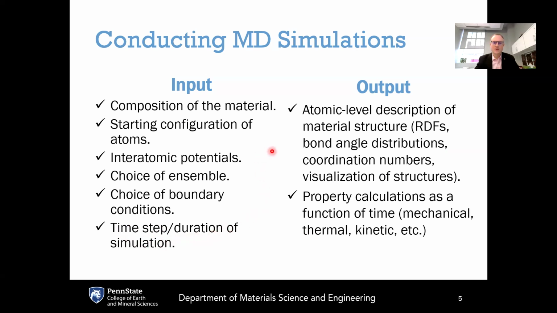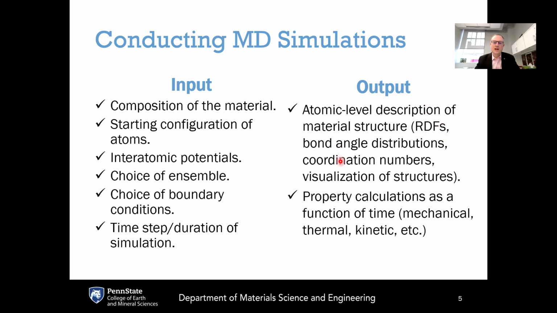Now, after doing this and running the MD simulations, the output is an atomic level description of the material structure. So this would be the detailed positions of all the atoms as a function of time. And from that, one can calculate properties such as the radial distribution functions, bond angle distributions, coordination numbers. You can do beautiful visualization of material structures.